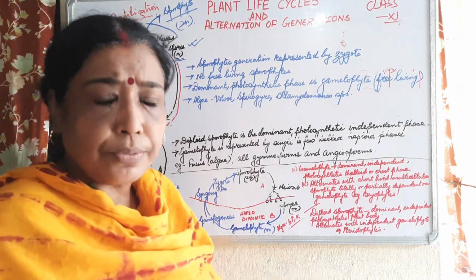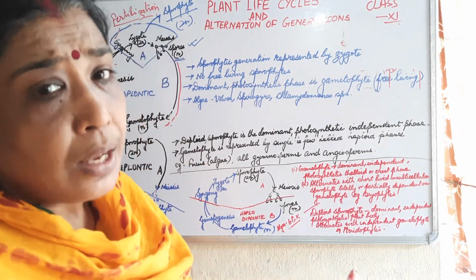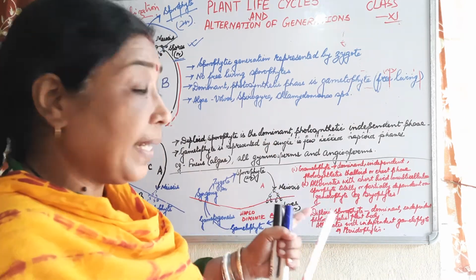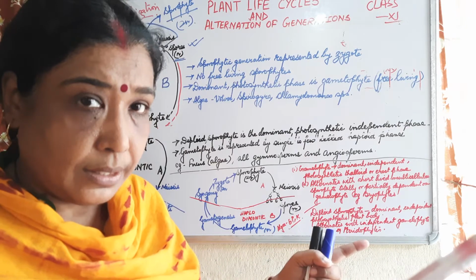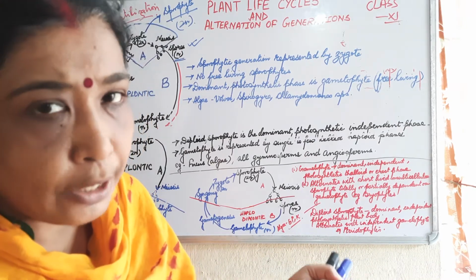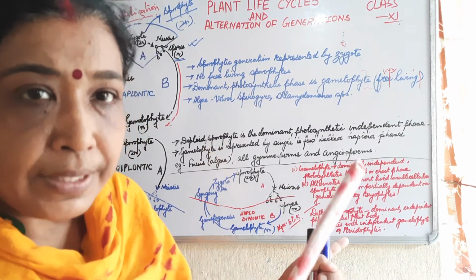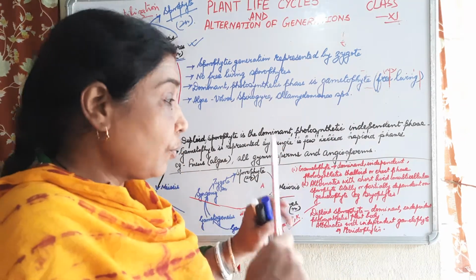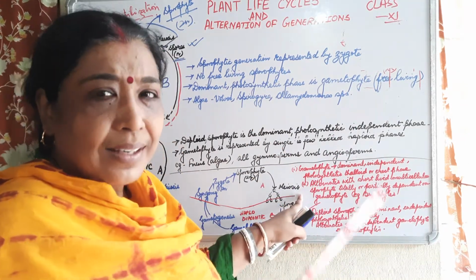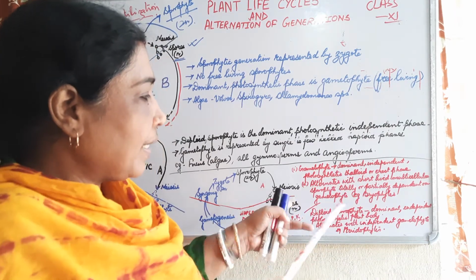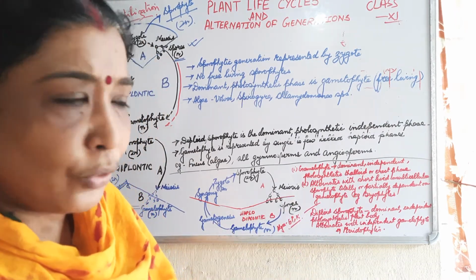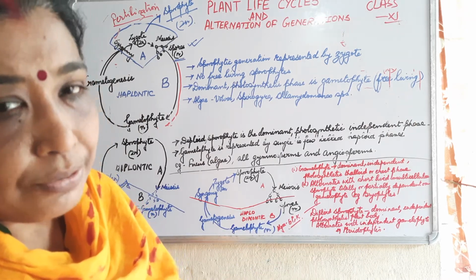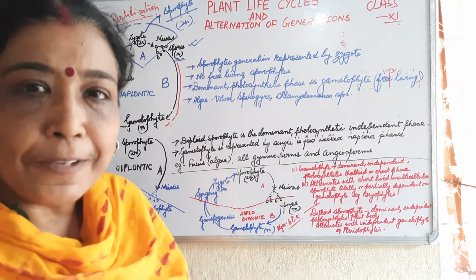In the bryophyte, what have you studied? That the gametophyte is the dominant independent photosynthetic phase. It can be either thalloid or erect. In bryophytes, the gametophyte is the dominant independent photosynthetic phase, and it alternates with a short-lived multicellular sporophyte, which is totally or partially dependent on the gametophyte. This is for the bryophytes.